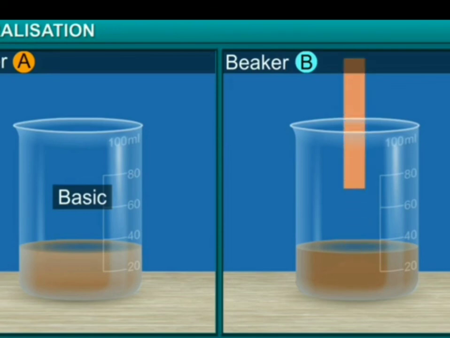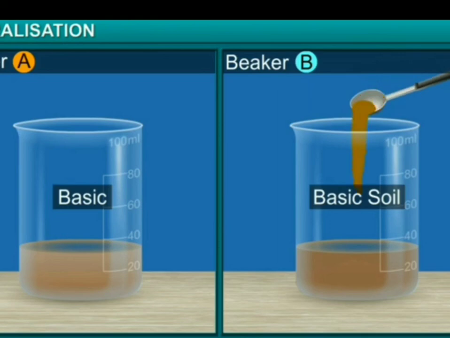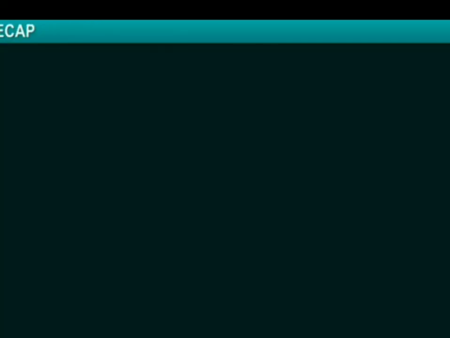And in beaker B, red litmus paper is put, and the red litmus paper turns blue. That tells that the soil sample is basic. So what do we have to put in it? In the test it is given that organic matter is sufficient. Organic matter is sufficient for the soil because organic matter releases acid.